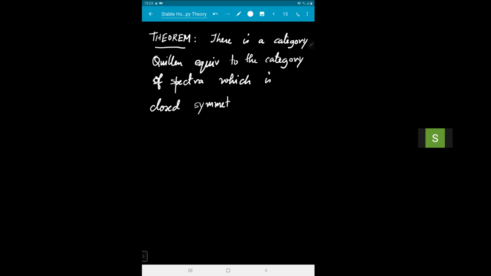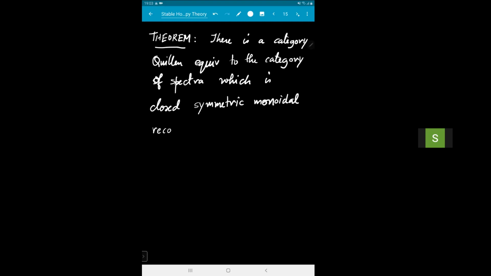Symmetric monoidal means that I have a smash product, and closed means that I have a mapping spectrum which has the usual adjunction properties.